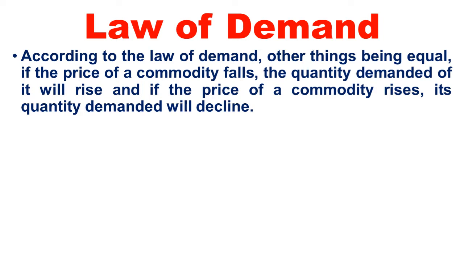As per the law of demand, we need to stress on the point that other things being equal, if price changes, how the quantity demanded will change. That is what is important here. So other things being equal, if the price of a commodity falls, the quantity demanded of it will rise, and if the price of a commodity rises, its quantity demanded will decline.